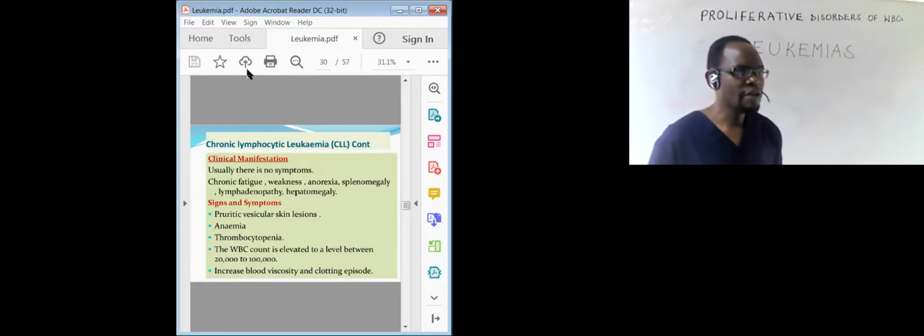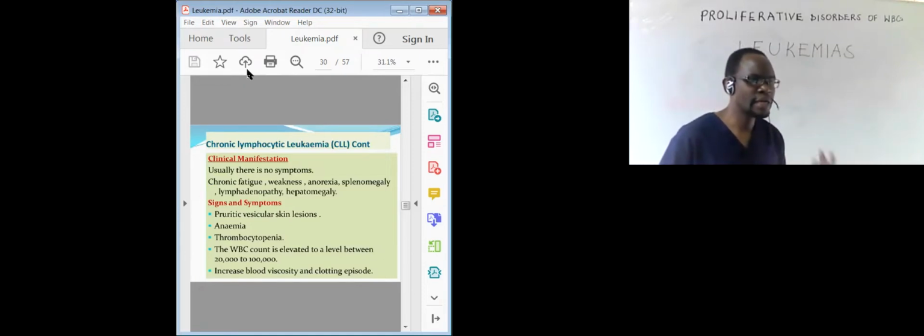However, there is fatigue, weakness, anorexia, splenomegaly, and hepatomegaly. What are the signs? You have pleuritic vascular skin lesions. You have anemia, thrombocytopenia.